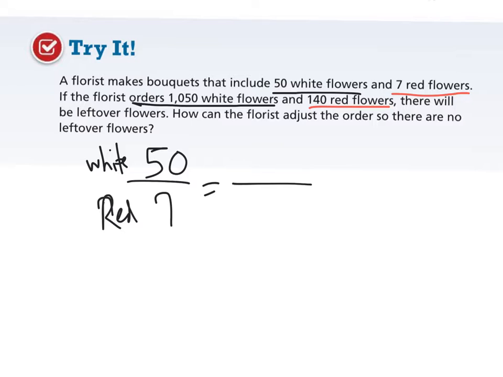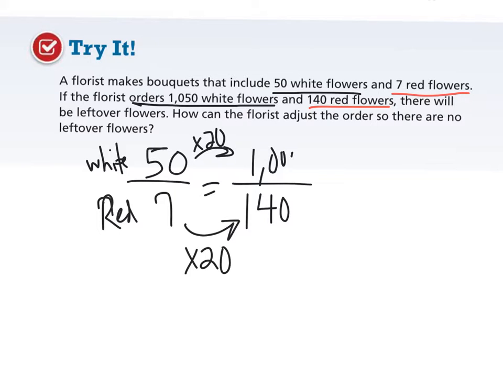So I'm going to look at what would happen if we just keep our red flowers the same. If we keep that at 140. So going from 7 to 140, 7 times 2 is 14. So 7 times 20 would be 140. So if you take 50 times 20, if you work that out, that would be 1,000.